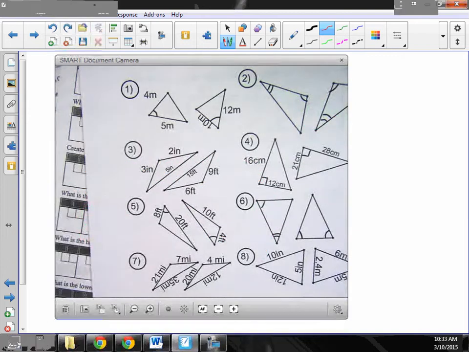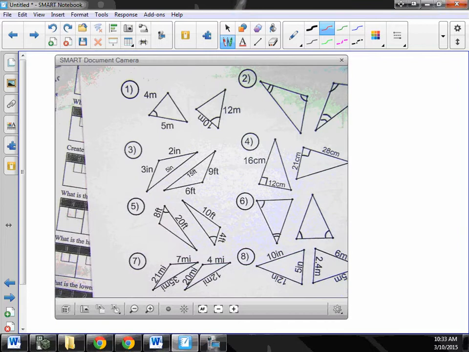does number 1 fit one of the rules? So I do have side, angle, side, but I need to check proportionality. What are the fractions I need to test? So small and small, those two match. Big and big.